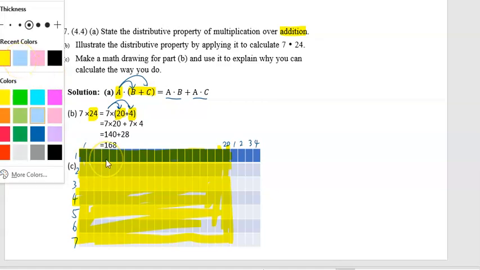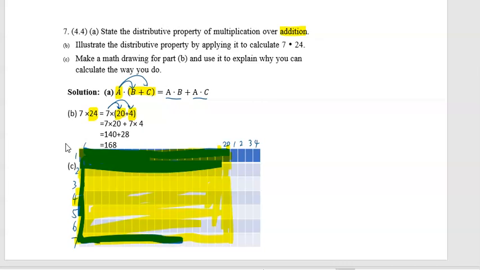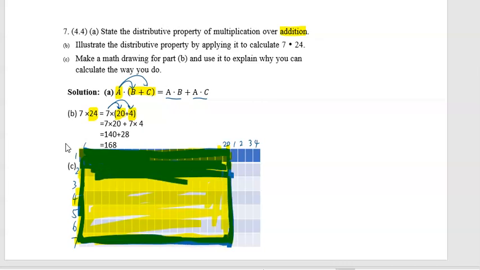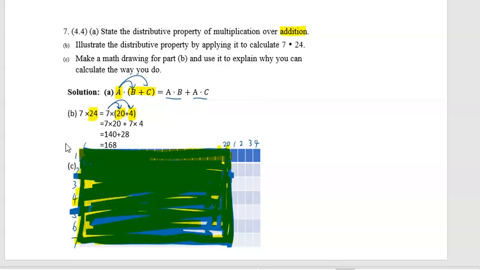From here all the way down here, this left part demonstrates 7 20s because we have 7 rows and 20 columns. The rest of it is going to be 7 rows and 4 columns, which is 7 times 4.